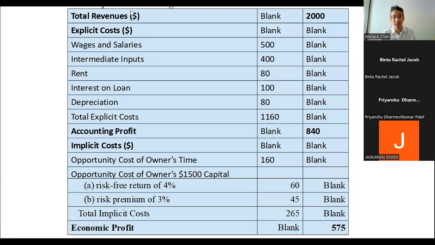You have got two columns to compare accounting and economic profit.